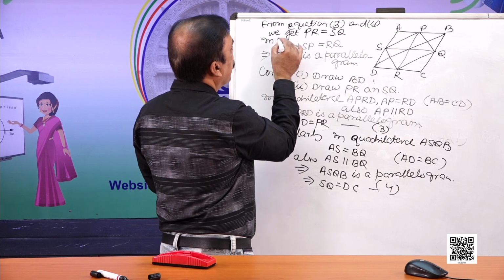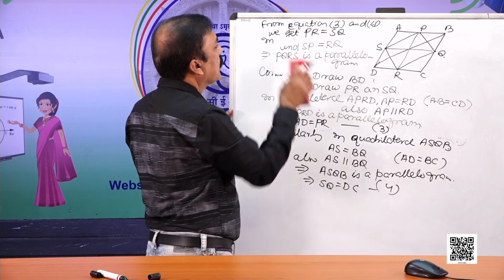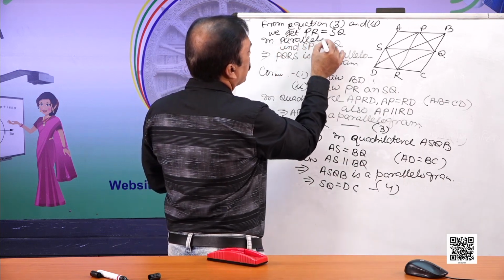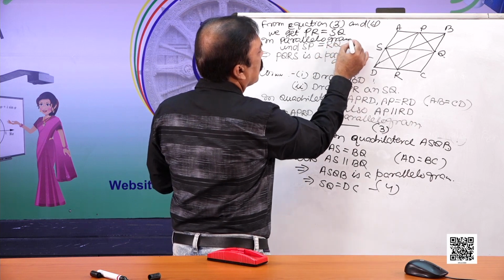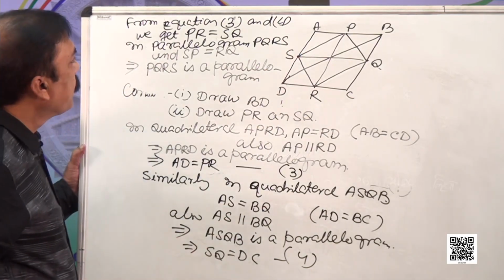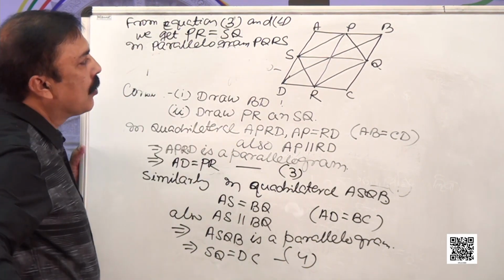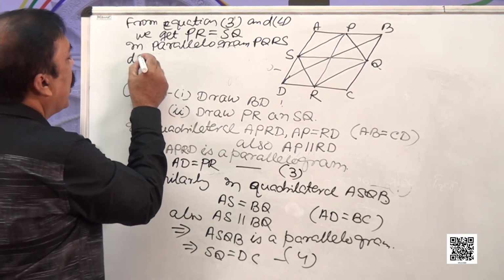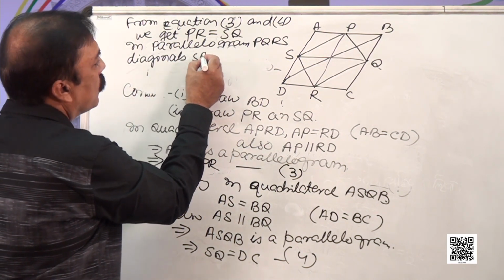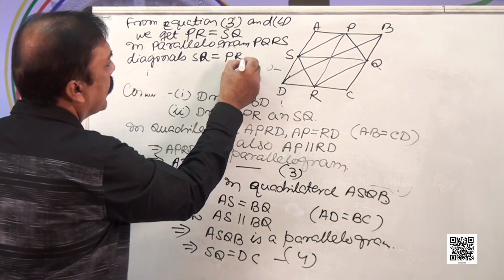So in parallelogram PQRS, diagonals SQ is equal to PR.